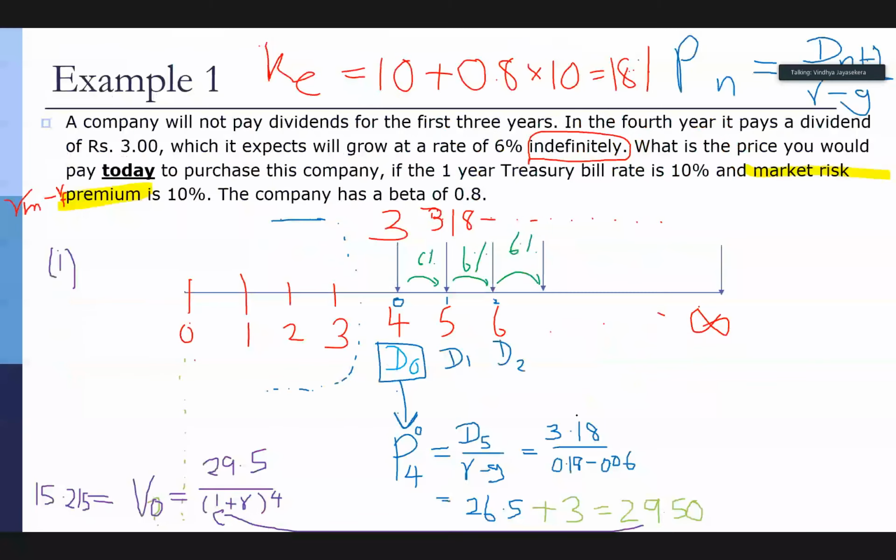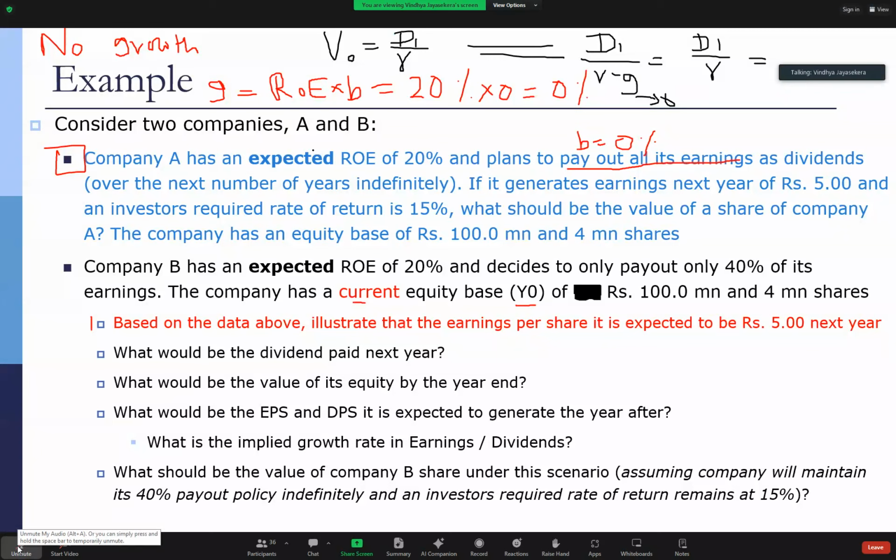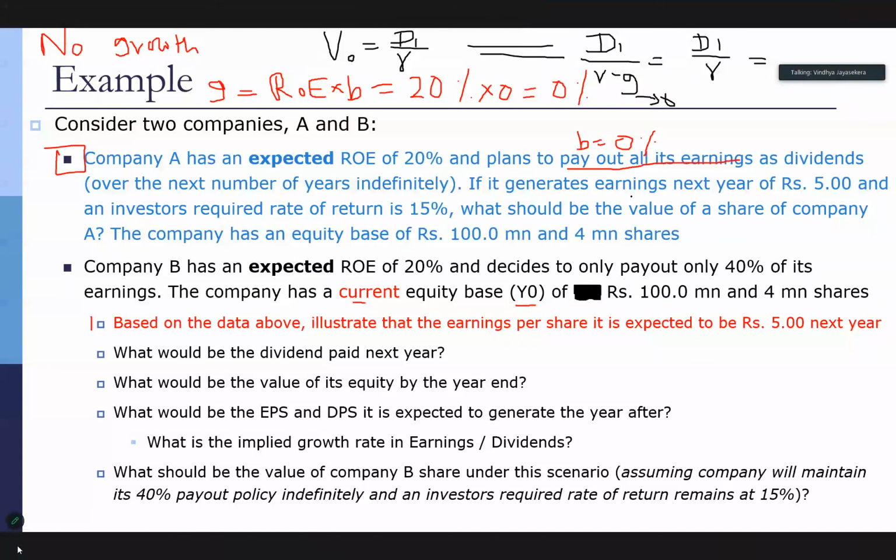So what is D1? What is the year one dividend? What is the year one dividend? ₹5. ₹5, right? Because it says it generates earnings of ₹5 next year. But if you're paying out all your earnings, then your dividend is also ₹5.